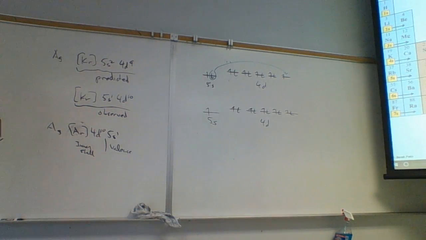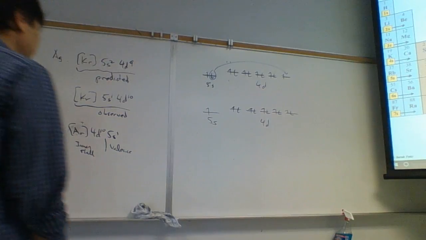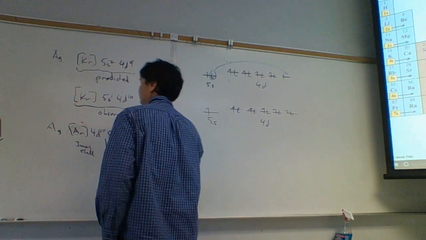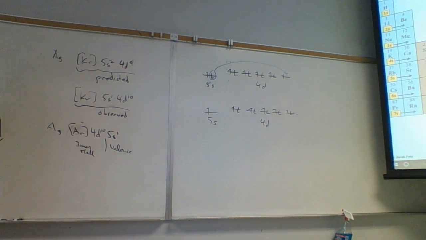Well, let's take a look at copper. For copper, we get argon, 4s2, 3d9.